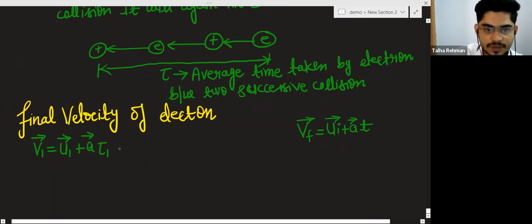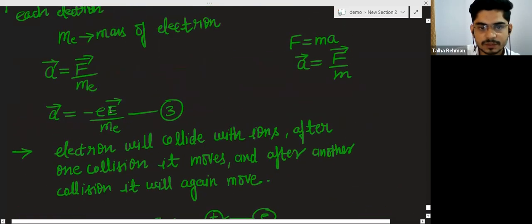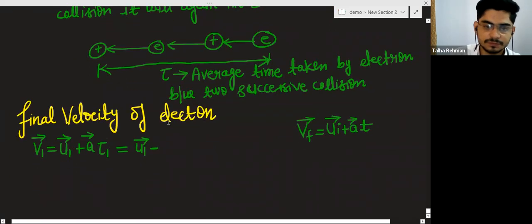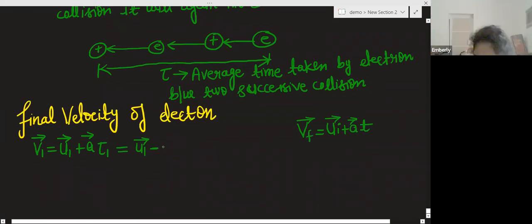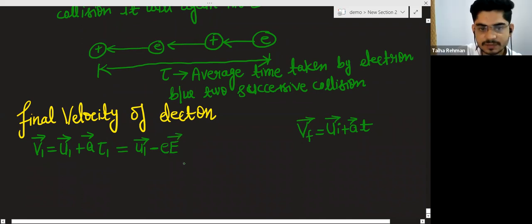So for v1 I can write u1, and we know what the value of a is. You can see from here, this is minus e, small e, capital E by m, and I am taking it with sign, into tau 1.